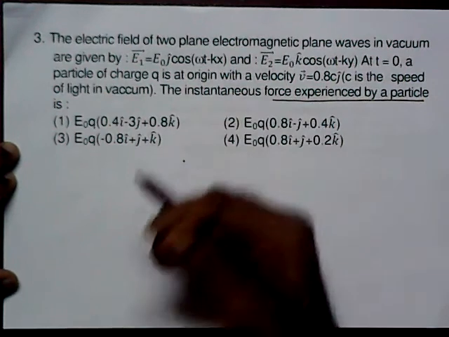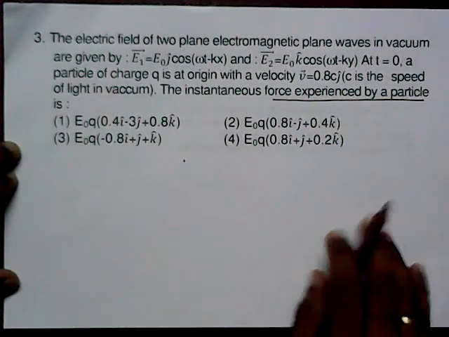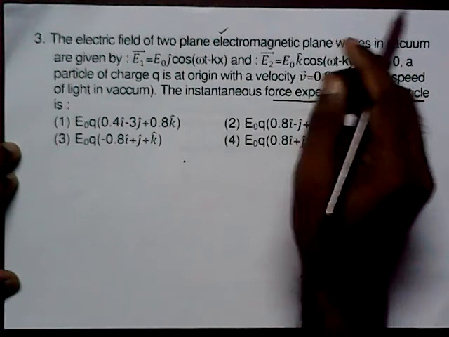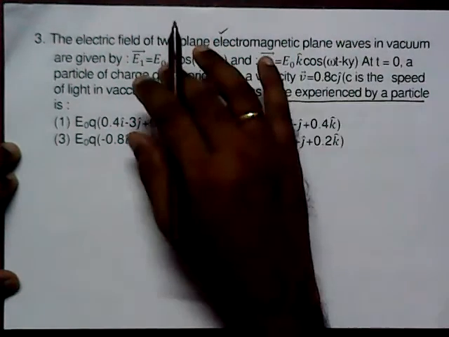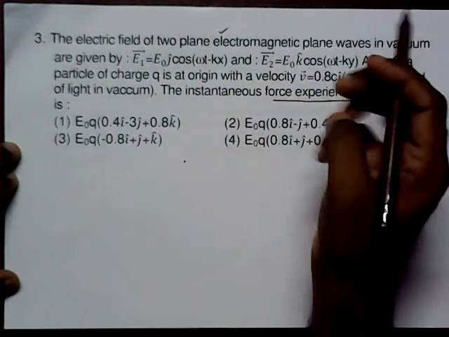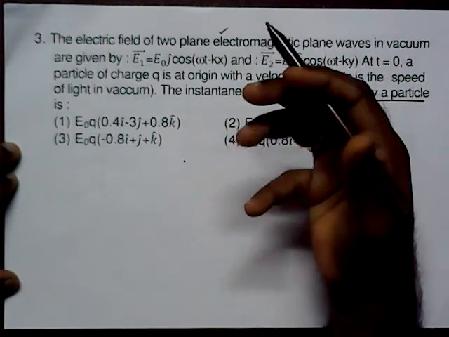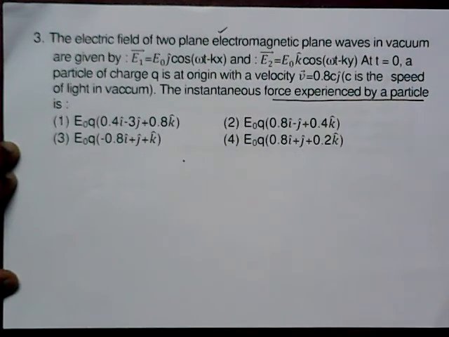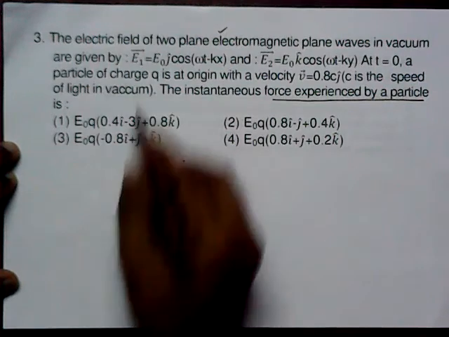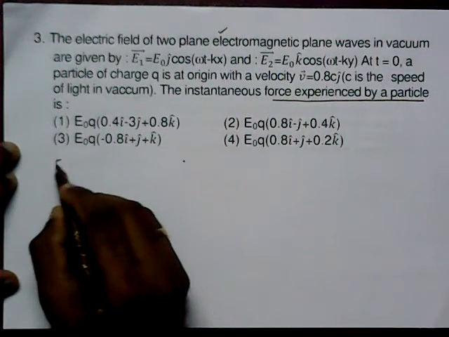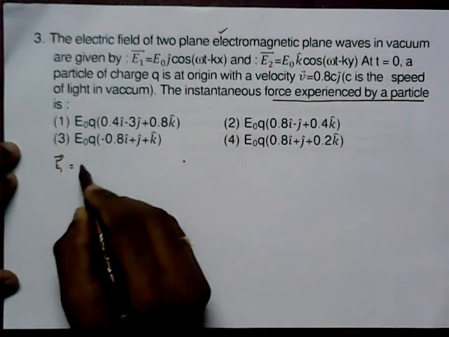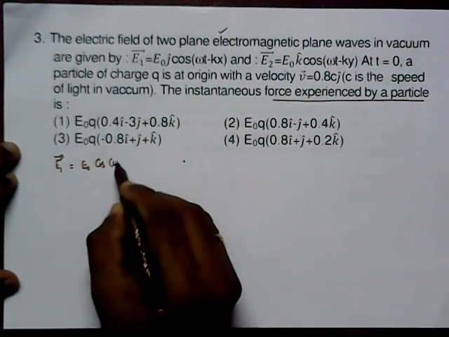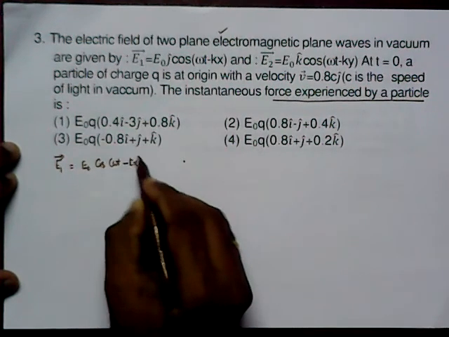While considering this concept, keep in mind one thing. Here it is an electromagnetic wave, so the electric and the magnetic fields are both present. We have to consider this clearly. At first, see here, we consider E1, that is given as E0 cos(omega t minus kx) into j cap.